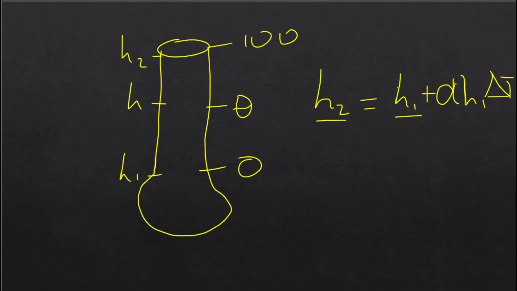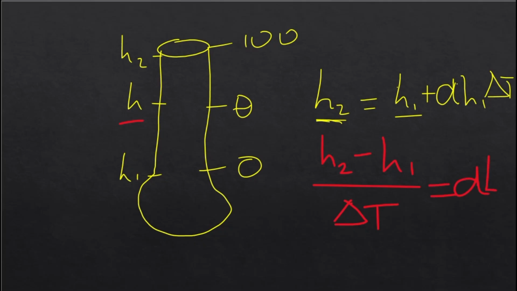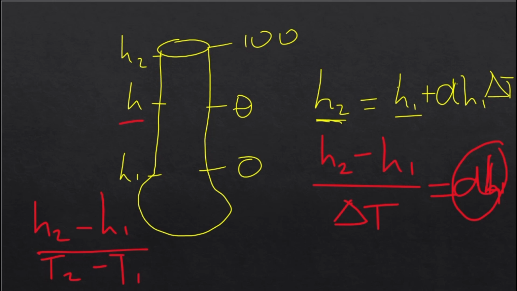This particular height might reduce to a new height, let's say H. So once we have H1 minus H2, and we also have T1 minus T2 or T2 minus T1, their ratio is a constant, which is this, H1. This is what we can infer from this: H1 over T2 minus T1 is equal to a constant.